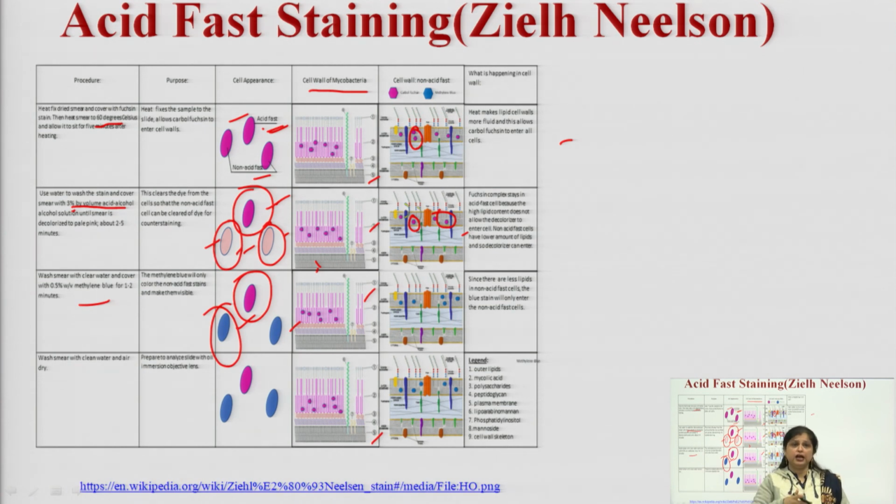In this way we are able to differentiate between acid fast and non-acid fast microorganisms by performing the Ziehl-Neelsen technique, and we can even differentiate between gram positive and gram negative bacteria using the gram staining procedure. So, this is all about the identification part.